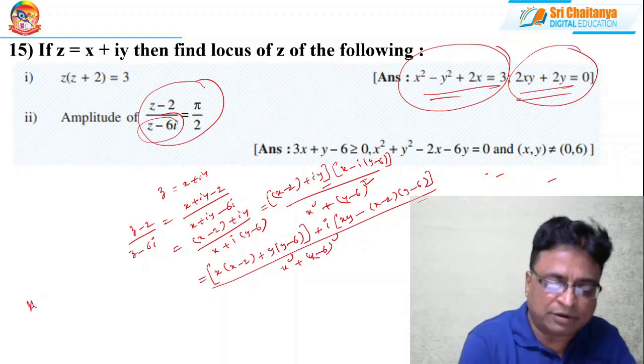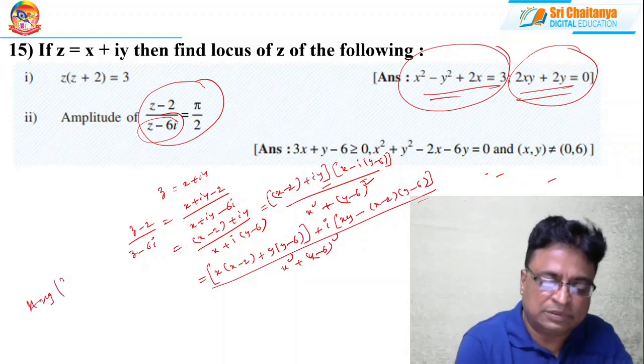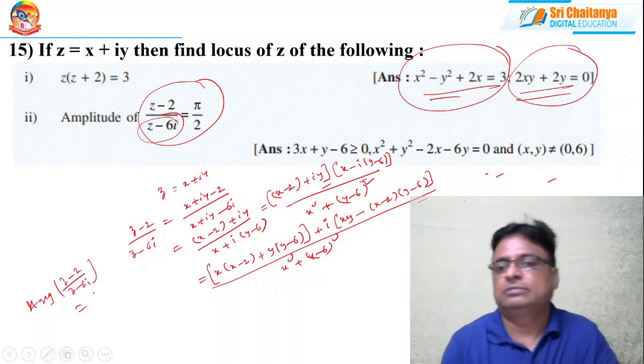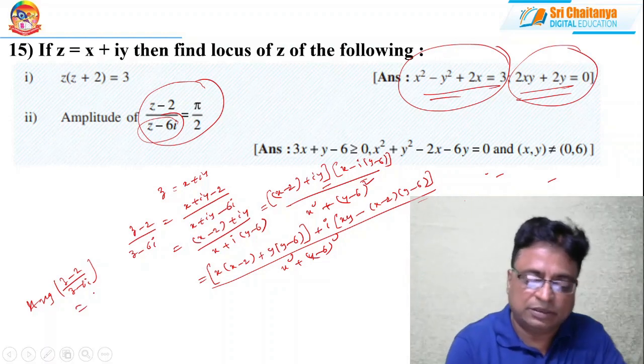Now the argument of z minus 2 by z minus 6i is pi by 2.